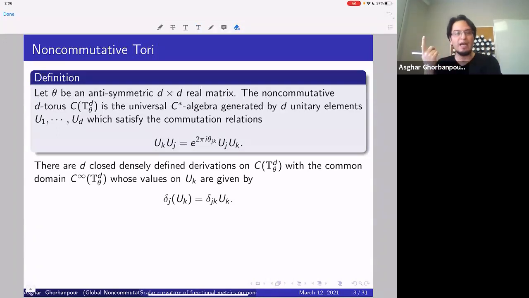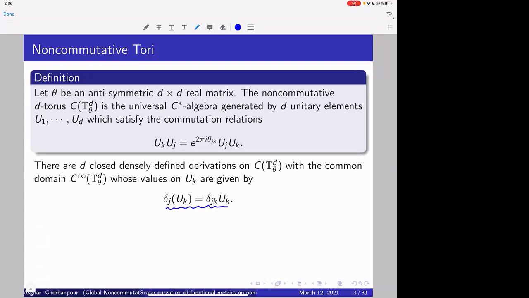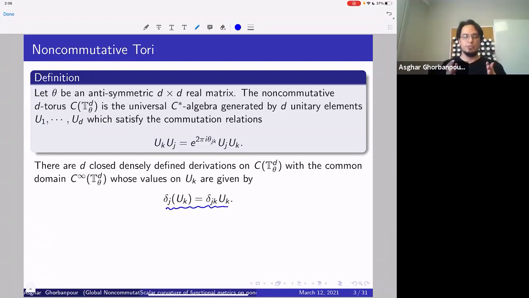One is that we have derivations on this d-dimensional non-commutative torus, defined on the generators by this relation: the jth derivation of U_k is 0 if k is not equal to j, and otherwise it is U_k itself.